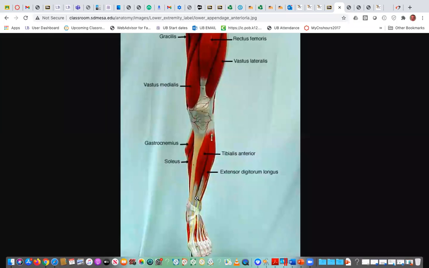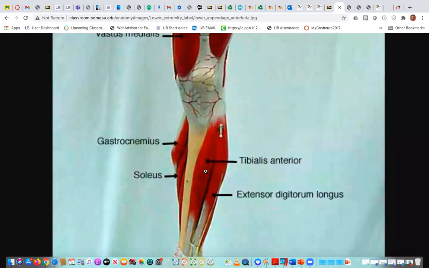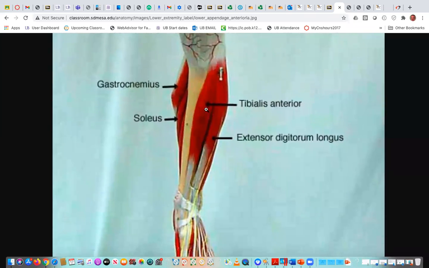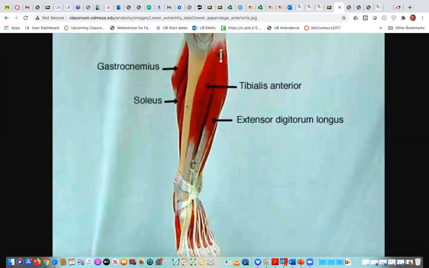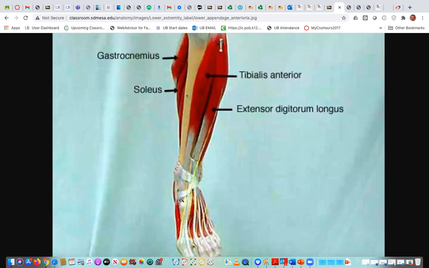As we go down, we can see the anterior compartment of the leg, the tibialis anterior. It's named by its location. We see it in the front of the tibia, and it attaches here on that first metatarsal and first cuneiform. It is a primary foot dorsiflexor. It dorsiflexes the foot. So what's dorsiflexion of the foot?